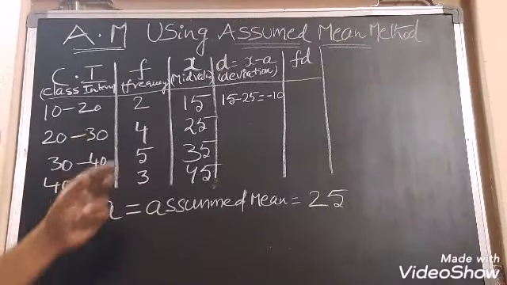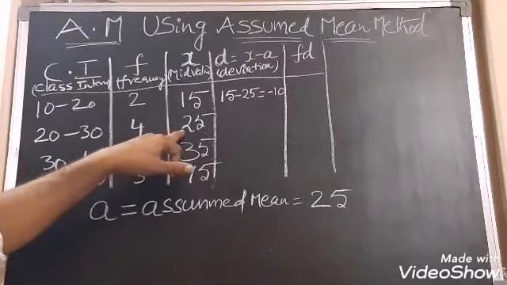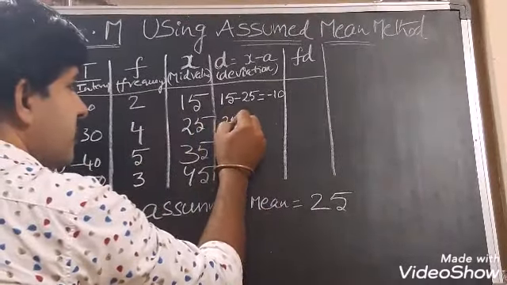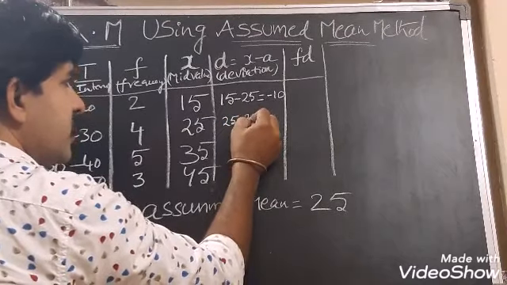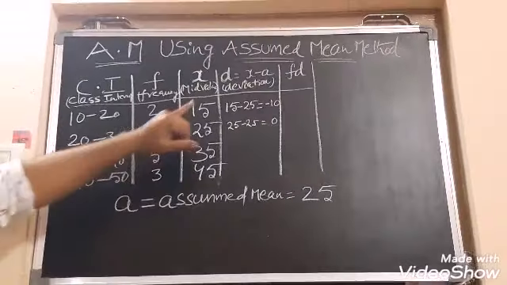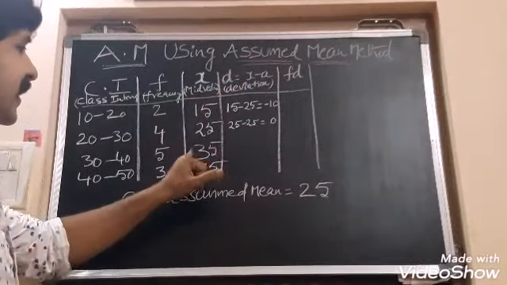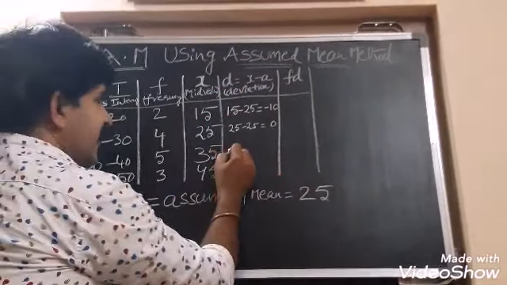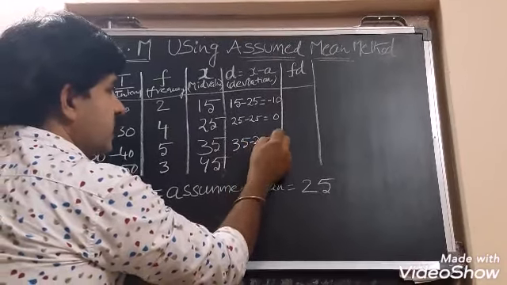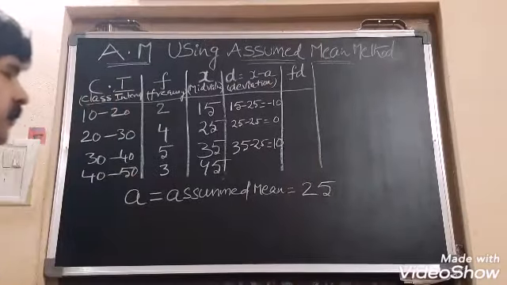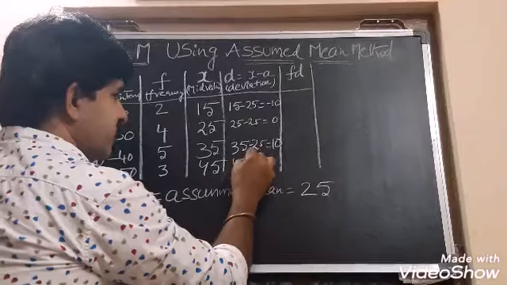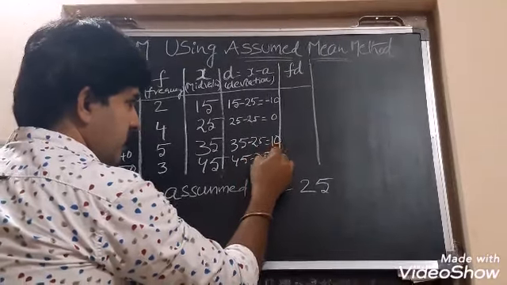And next, mid value 25 minus 25, that is equal to 0. Next, X minus A, 35 minus 25, that is equal to 10. And next, 45 minus 25, that is equal to 20.